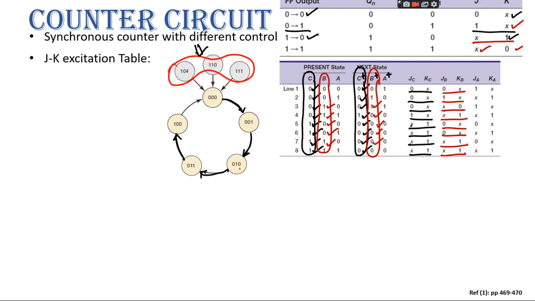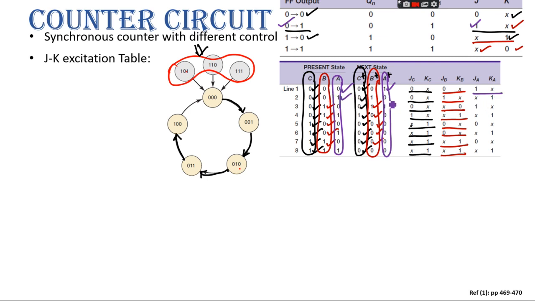Yes, sir. So finally, when you are comparing A to A bar, 0 1 means 1 and don't care.